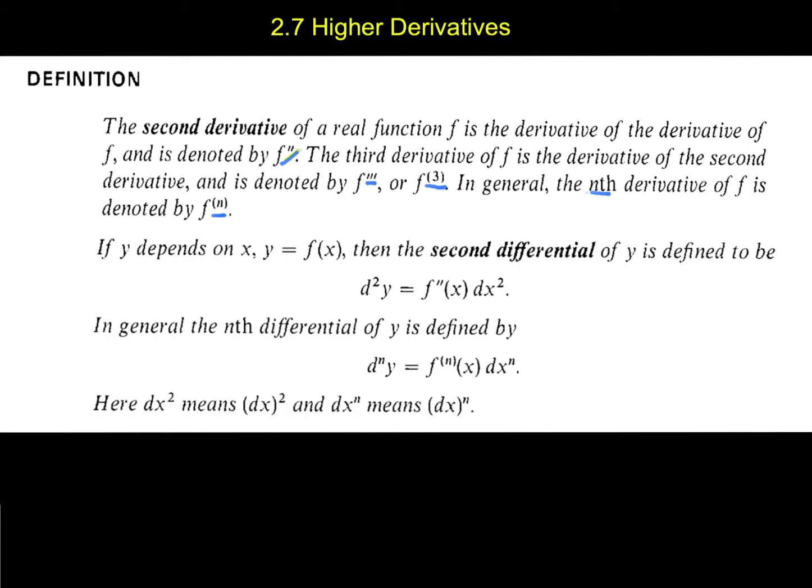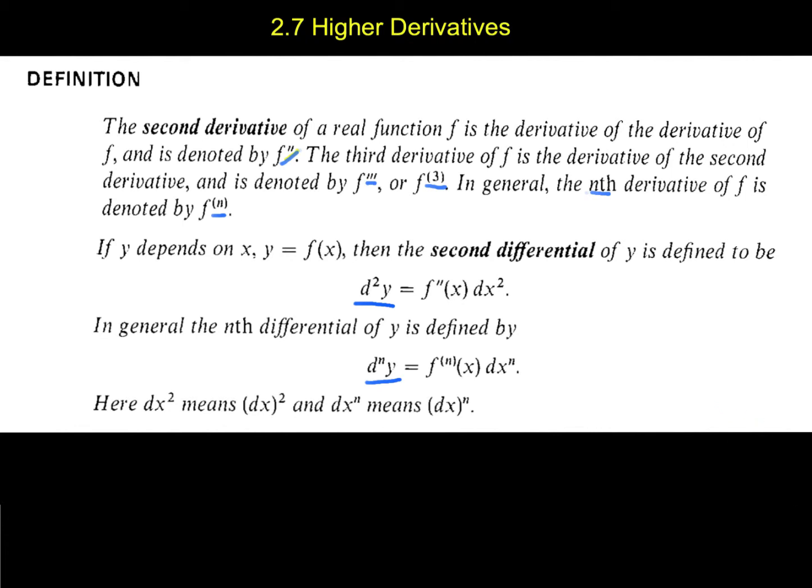So how does that pan out in regards to differentials? Well, if y equals f of x, then the second differential of y, which we'll denote as d squared y, is equal to f double prime of x dx squared. And in general, the nth differential, d to the n y, is the nth derivative of f times dx to the n.